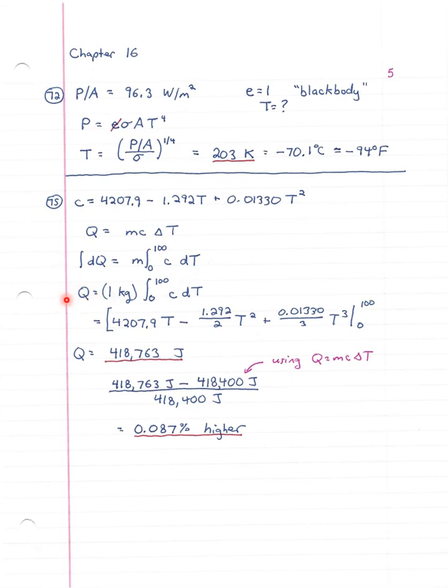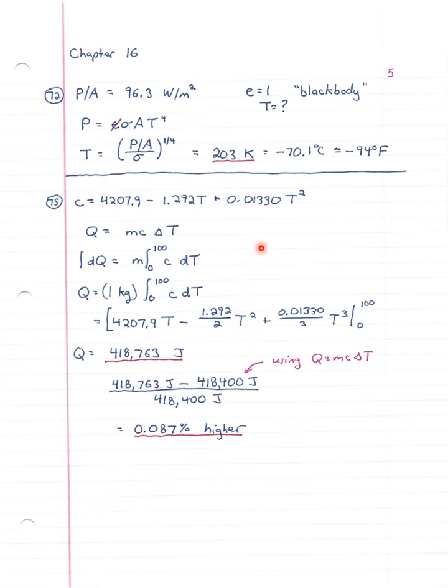So q equals, there's the mass, 1 kilogram, and then we take the integral of c dT. So when we take that integral, 4207.9 becomes 4207.9 T. This minus 1.292 T becomes minus 1.292 over 2 times T squared.